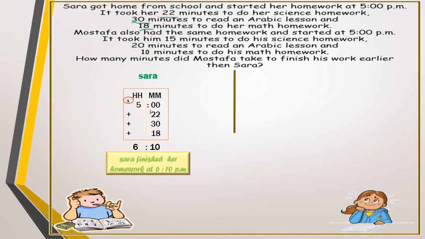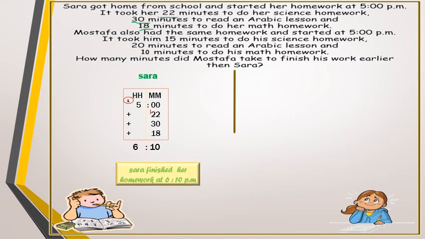Okay, let's calculate now what Mustafa took. Mustafa started at the same time. He took 15 minutes to do the science, 20 minutes to do the Arabic homework, and 10 minutes to do the math homework. So I will add all these minutes to the time he started at. Add the minutes with the minutes. 5 plus 0 equals 5.